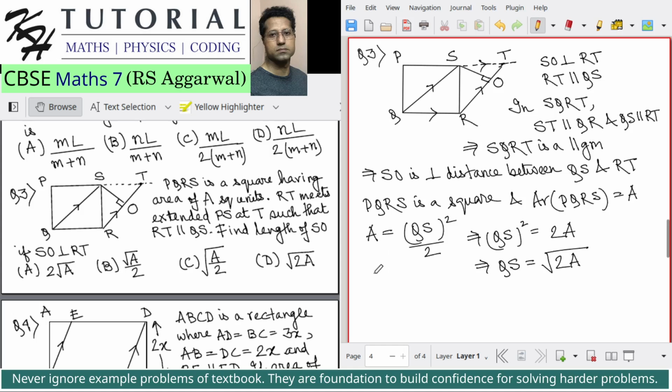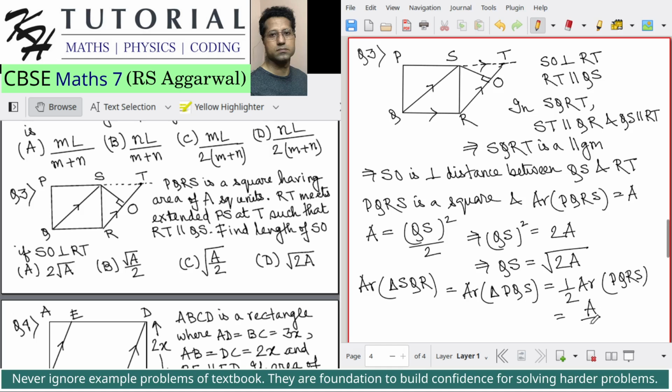So the area of triangle SQR will be equal to the area of triangle PQS, and they must be equal to half the area of the square PQRS. The area of the square PQRS is given to be A, so this will be equal to A by 2.